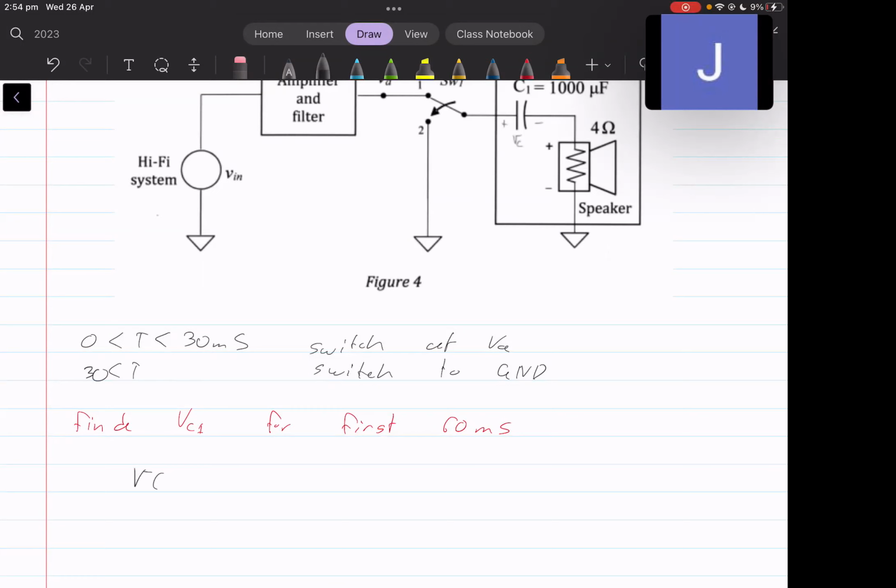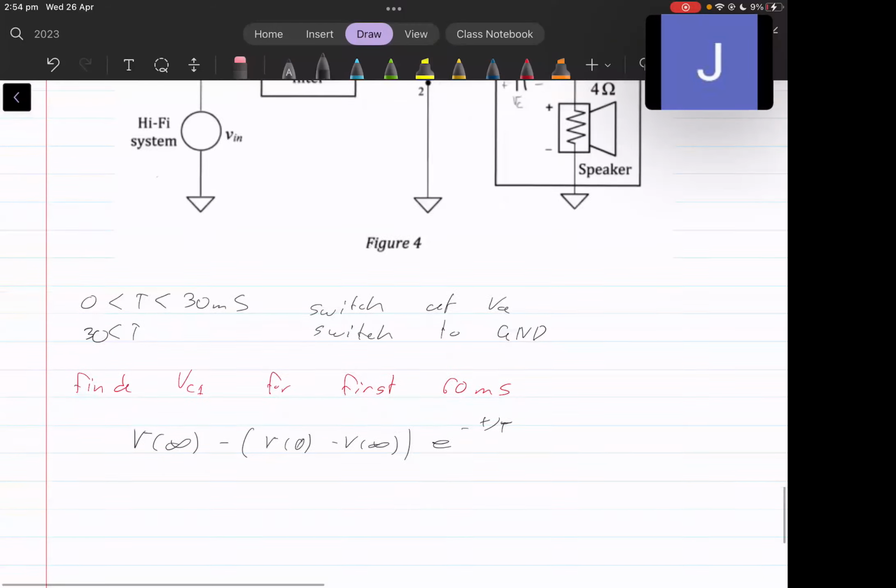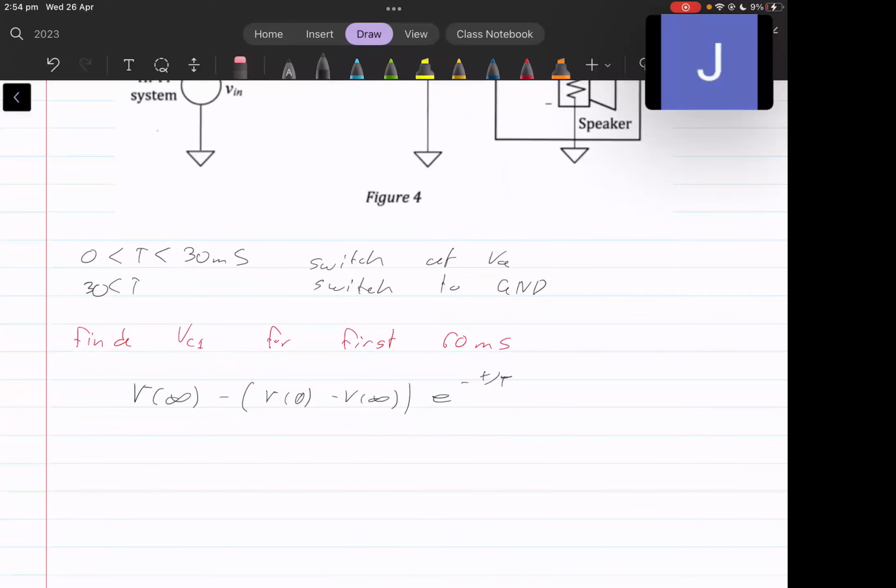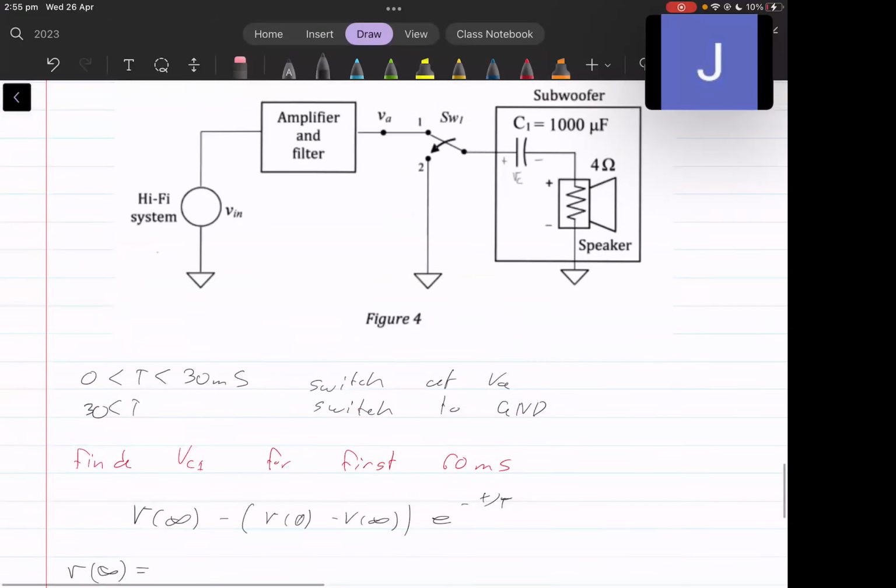So e to the minus t on tau. Then what is V infinity going to be when the switch is closed?